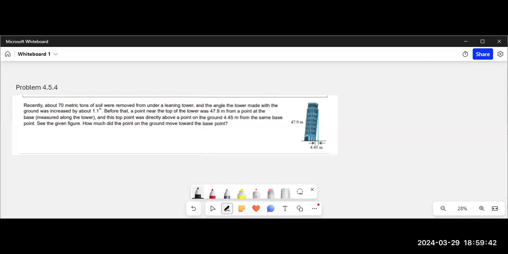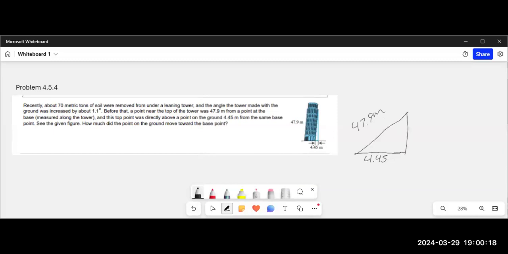So the 47.9, while we're showing it on the left-hand side, is really over here on the right-hand side of the tower. And we're making a triangle that looks like this. So the 47.9 meters is on this side, and the 4.45 meters is on that side.